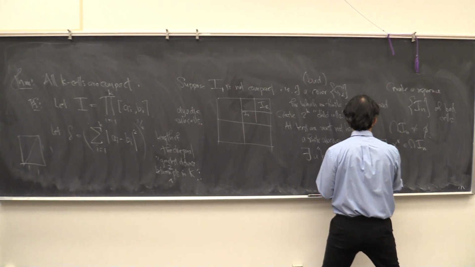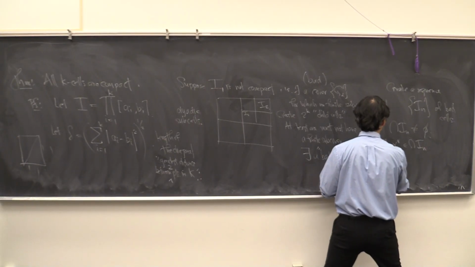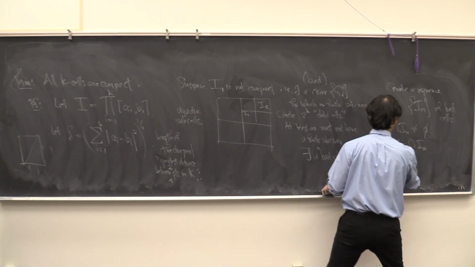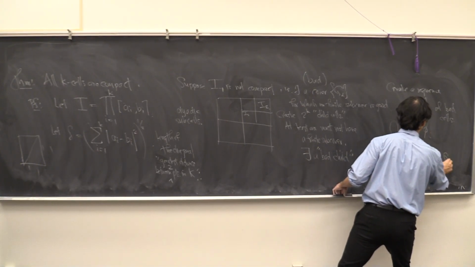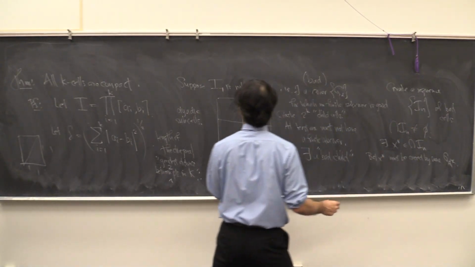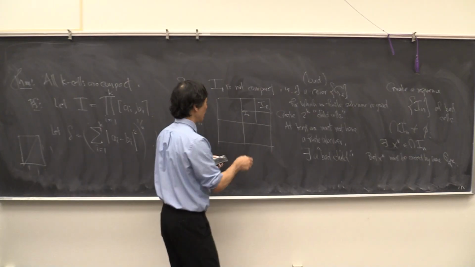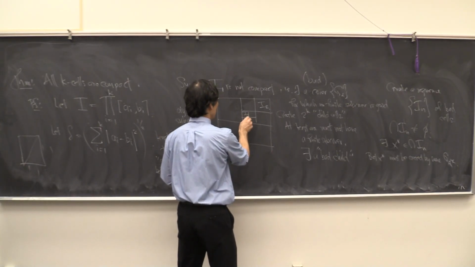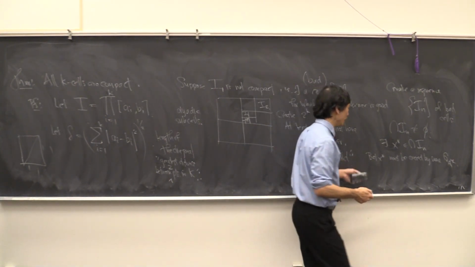Now, x star must be covered by some G alpha, G alpha star, because the G alpha cover the whole thing, so x star, wherever it is, must be covered by some G alpha.